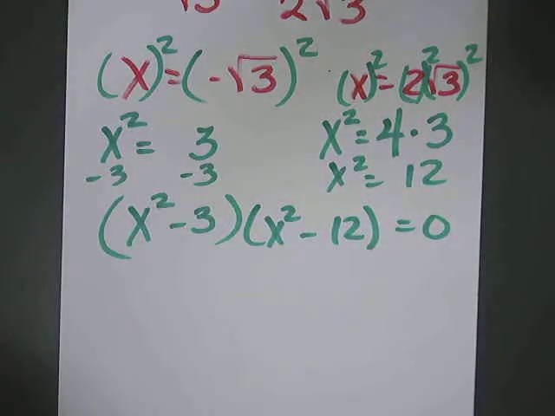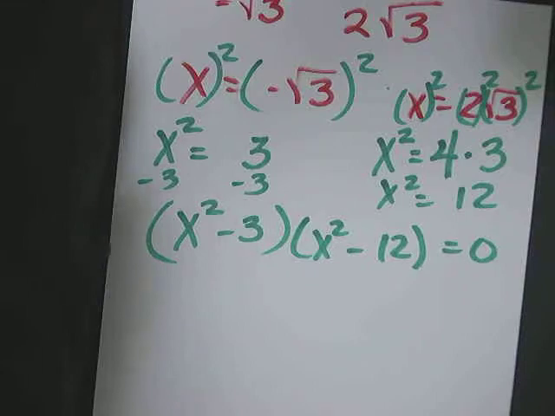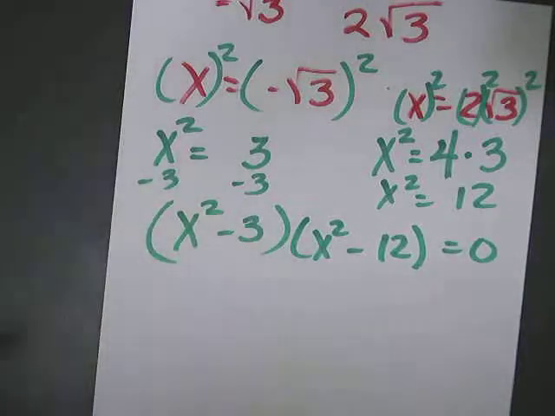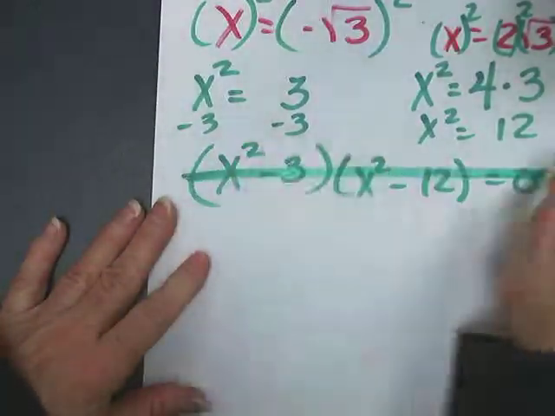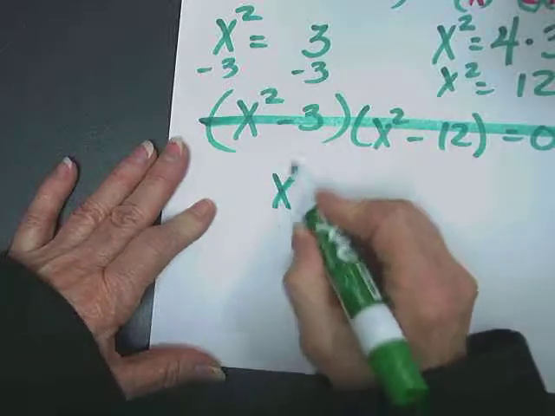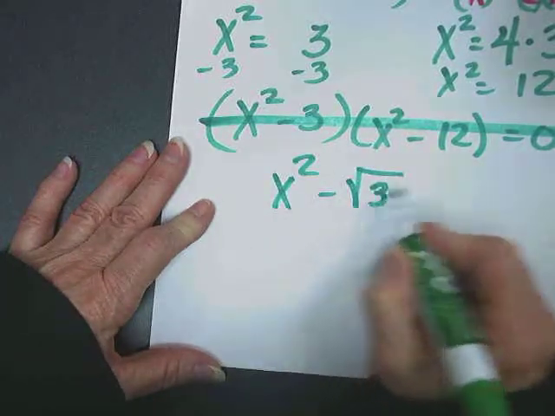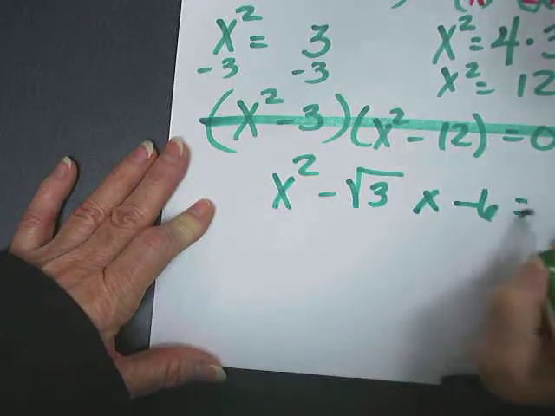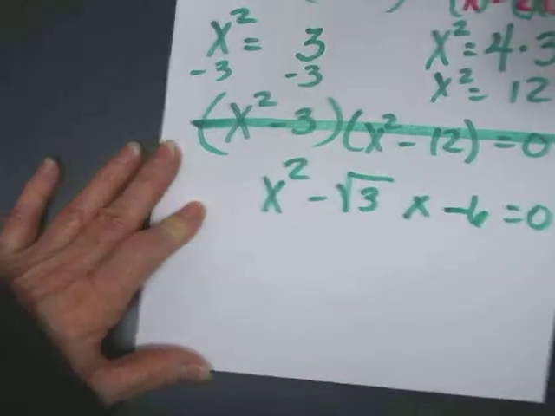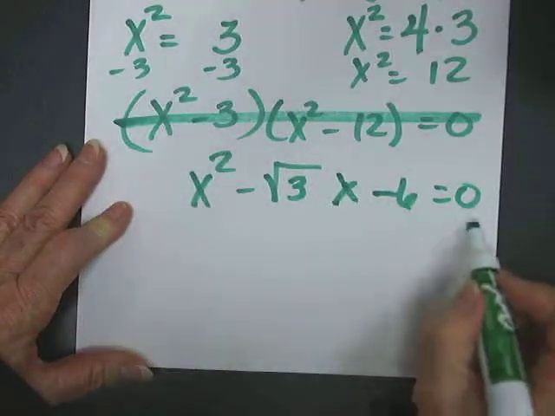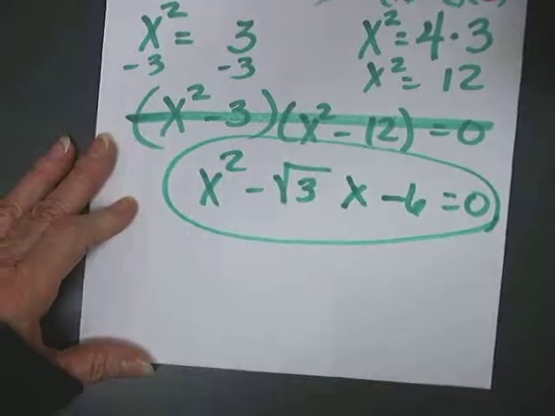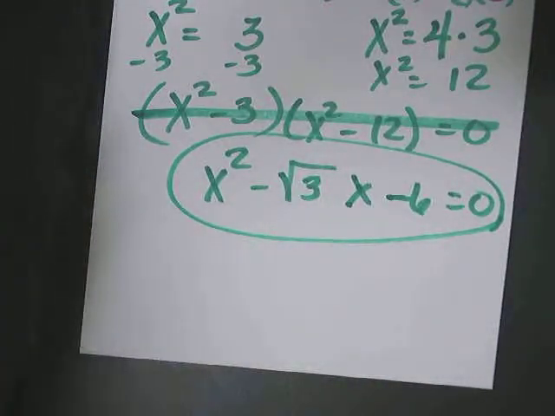So x squared times x squared, x to the 4th. Well, that's weird. This isn't coming out right. Take a break and then I'll show you this one right, because it's not coming out with an x to the 4th on it, so let me check it out after your break.